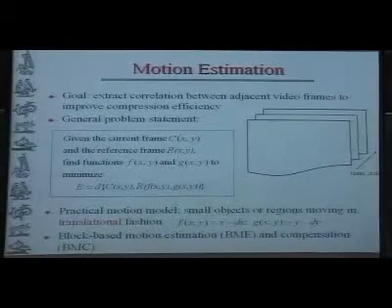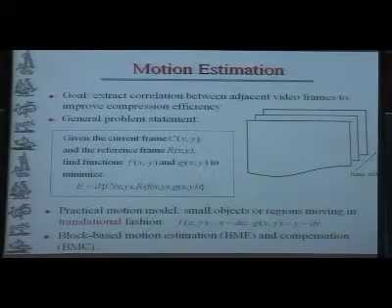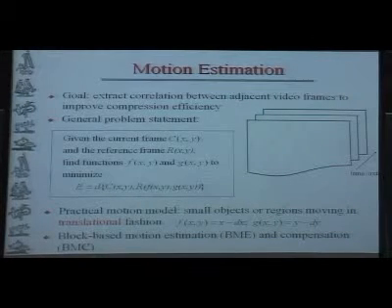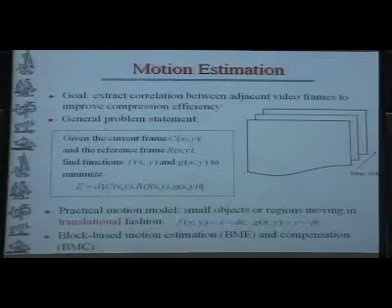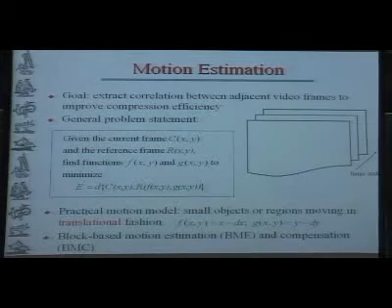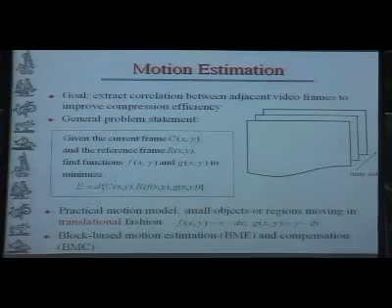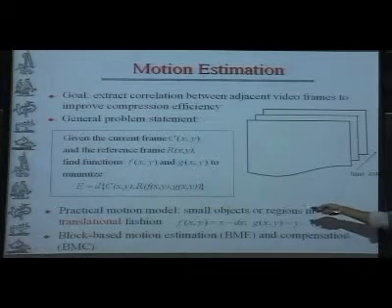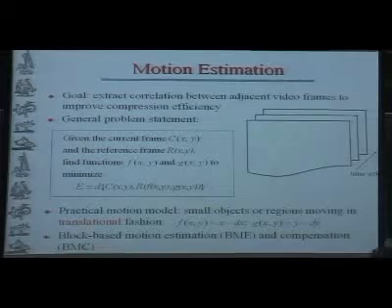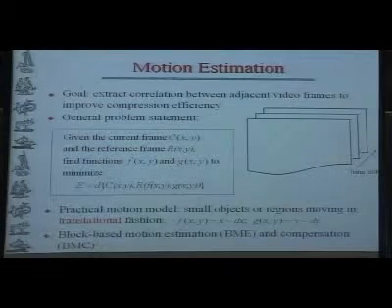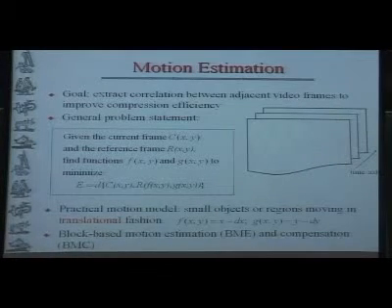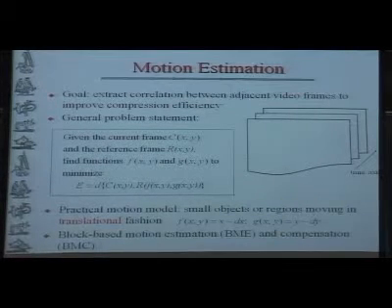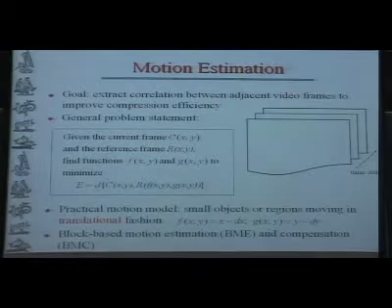Now, if we just take the frame difference, what is f and g? If I just want to take the frame difference, I don't do any motion estimation. What is f(x,y)? Is that 0?